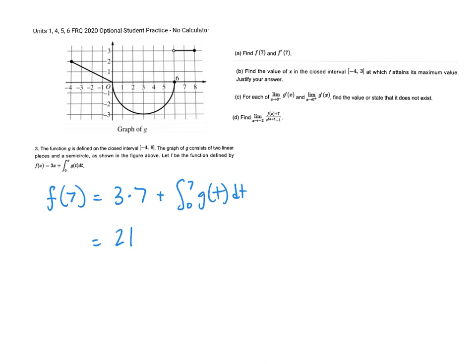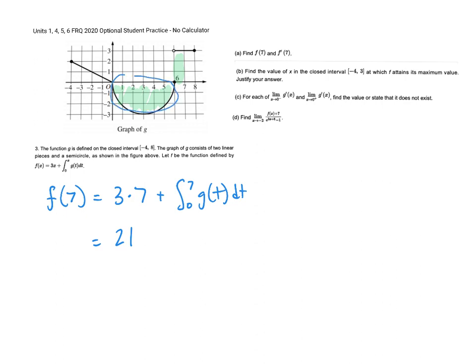But then I also have to find the area from 0 to 7 between this curve and this x-axis here. So this is part of the area, and then I also have this section here. So the area is made of these two pieces. The first piece is this piece here, the semicircle.